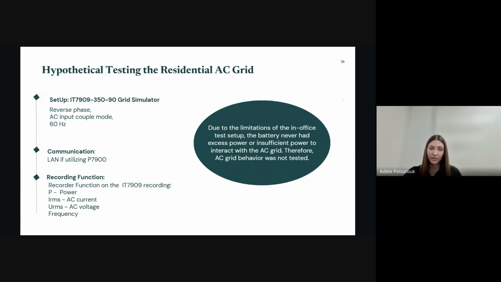Now, in my actual testing, after completing those three previous levels of testing, I concluded that my load needs were already met from the solar power and the battery system. So in my actual testing, I didn't include or test the residential grid. But in a hypothetical test, you could use the 7909 grid simulator to best simulate the AC grid.